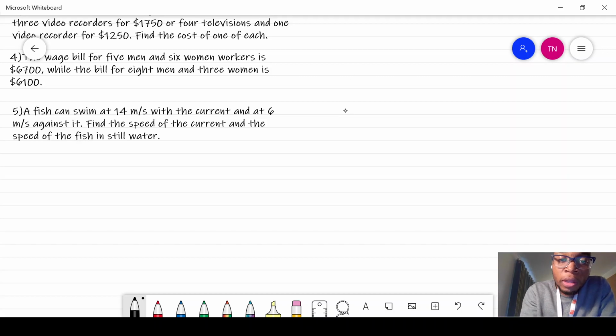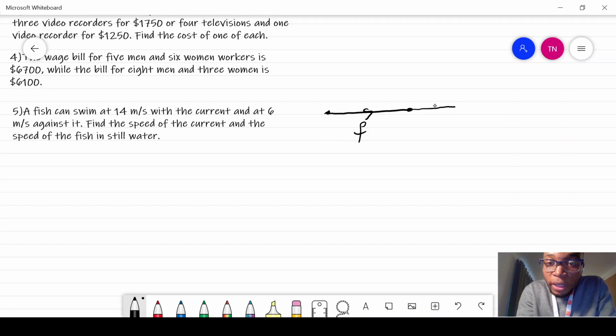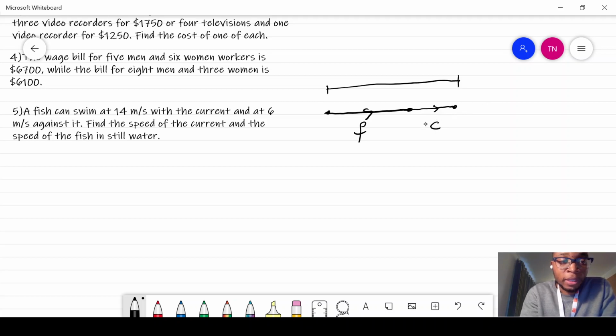We don't know the velocity at which the fish is moving, but we know it's some certain velocity f, the velocity of the fish as it moves with the current. And we also know that the current is moving in the same direction as the fish. So that is c. What we know here is that this whole length, which is the vector for the speed, is 14 meters per second.